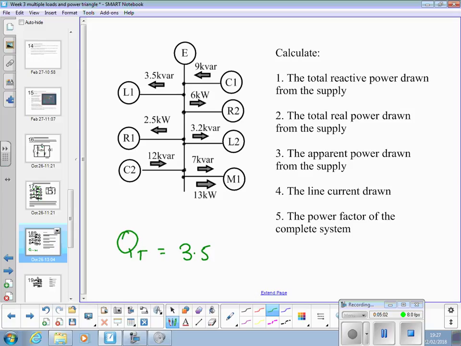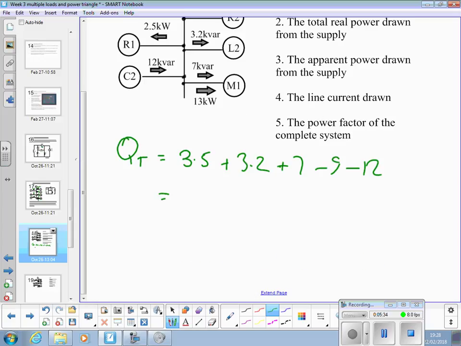Then we've got L2, 3.2, and M1, which is 7 kVAR, and then C1, which is minus 9 kVAR, and C2, minus 12 kVAR.